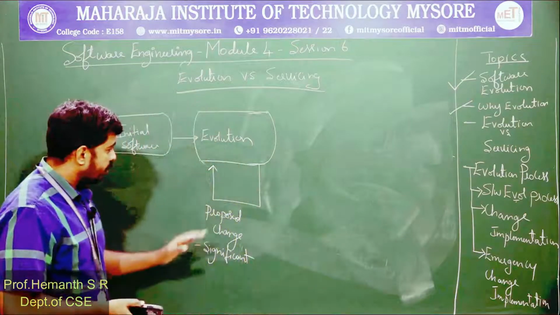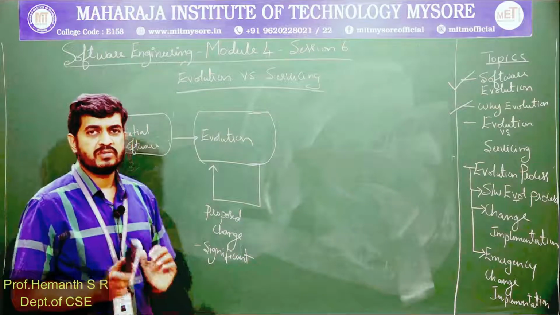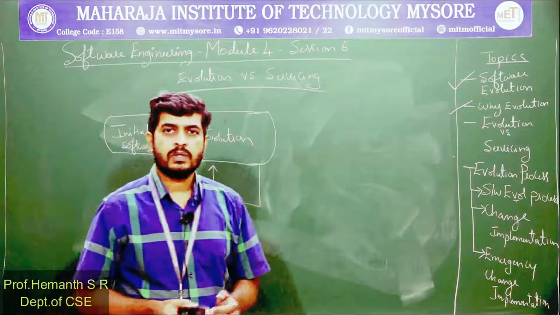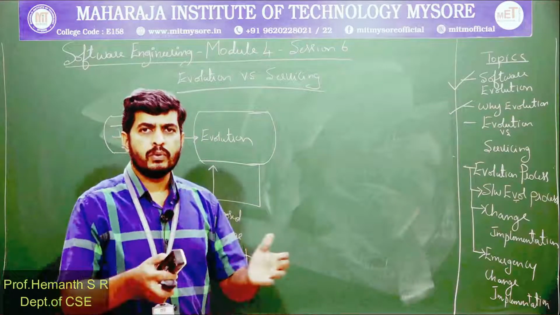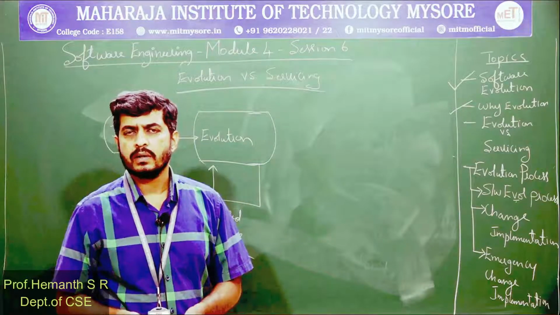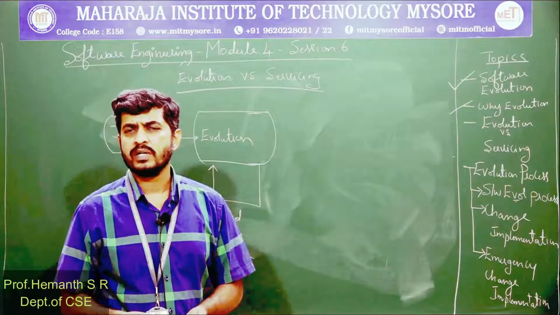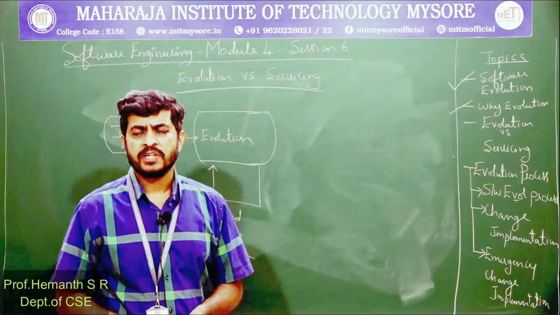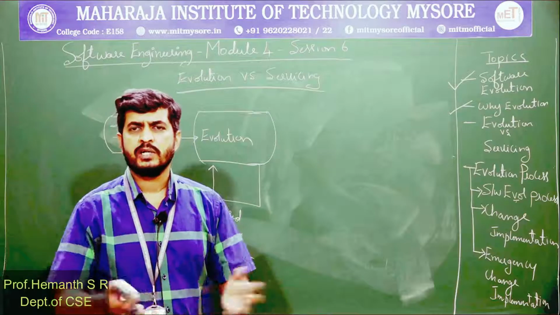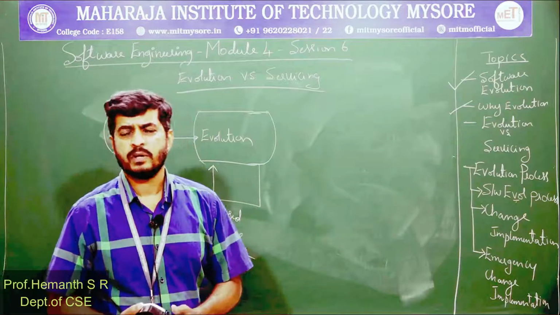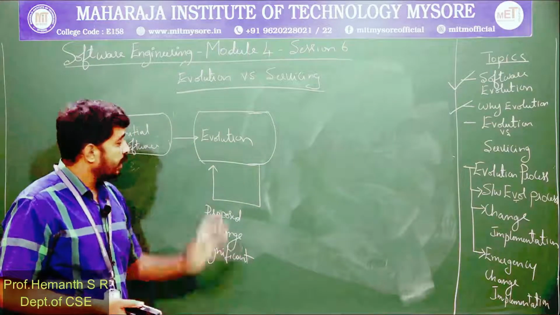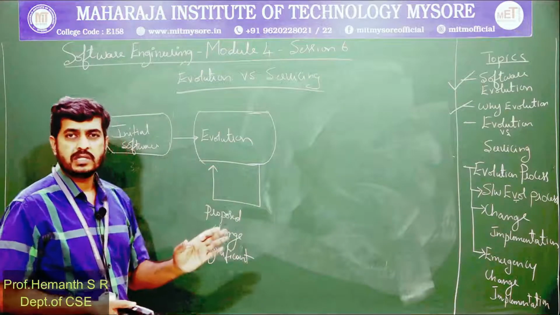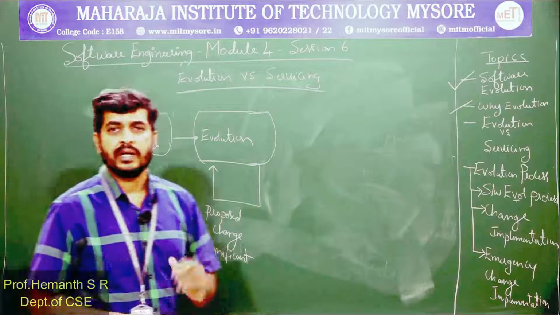Now the big question here is, because of the changes, does the quality of the software improve or degrade? Does the structure of the software diminish, or will it become more perfect or improvised? The answer to this question is, when the software evolves, the structure degrades.